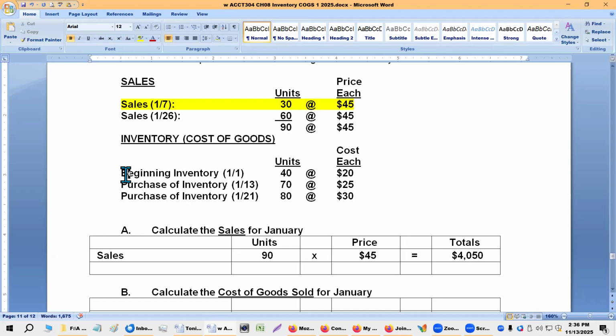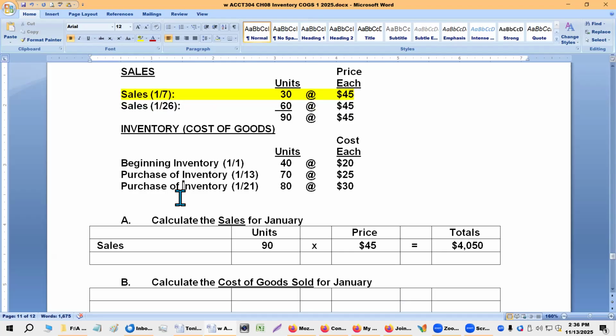So which level will we take it from? The beginning, the purchases on the 13th, or the purchases on the 21st? 21st? Nope.